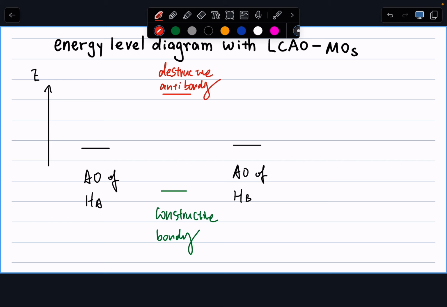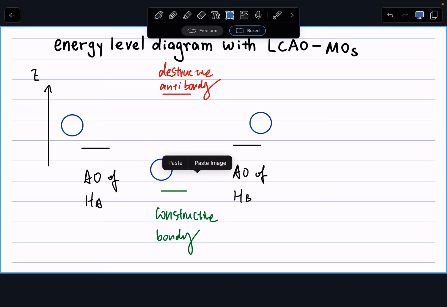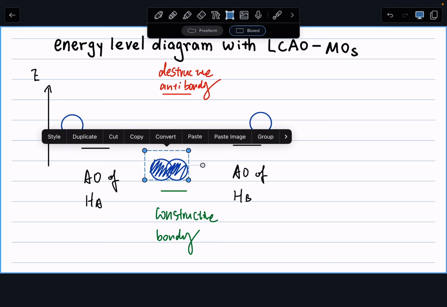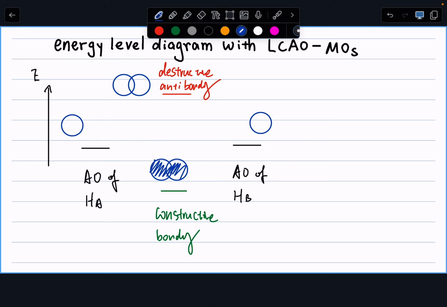All right, and what do they look like? Well, my 1s looks like a little circle. In the bonding MO, we're bringing them together so they overlap in a constructive fashion. And in the anti-bonding MO, we're bringing them together, but in a destructive fashion. All right, so that's the orbital itself.